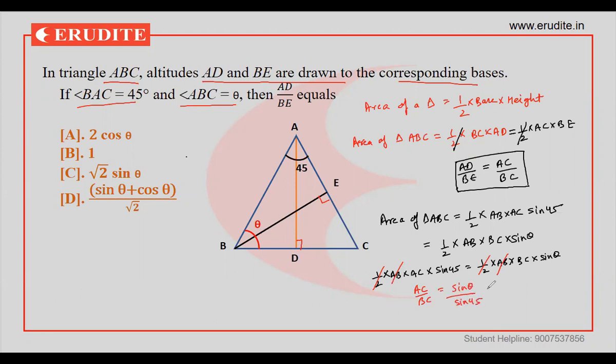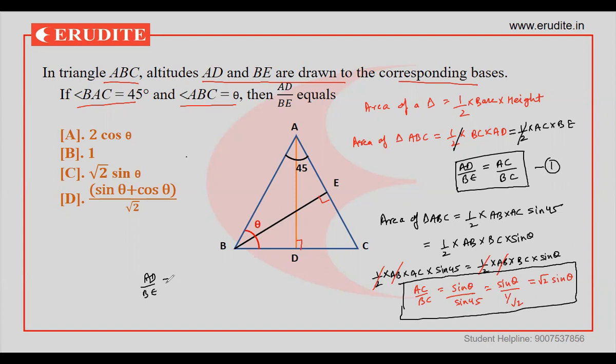And the sine 45 value is 1 by root 2, so I will get root 2 sine theta. So AC upon BC is root 2 sine theta. And we know that from equation 1, AD upon BE is nothing but AC upon BC. So AD upon BE will be equal to root 2 sine theta.